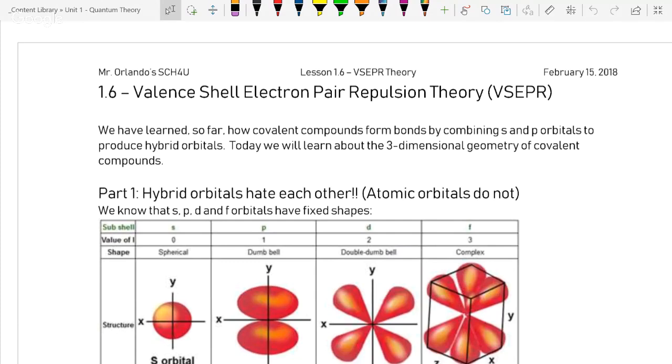We also know that pi bonds are not tetrahedral. By the way, that name, tetrahedral, describes that shape. That shape is a tetrahedron.